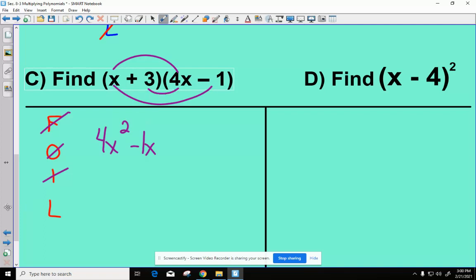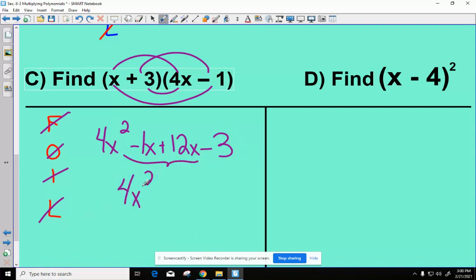I for the inners, that's those two right there, 3 and 4x, that would be a positive 12x. And L, 3 and negative 1, that is negative 3. So, like terms together there in the middle, I end up with 4x squared plus 11x minus 3. Did you come up with that one?